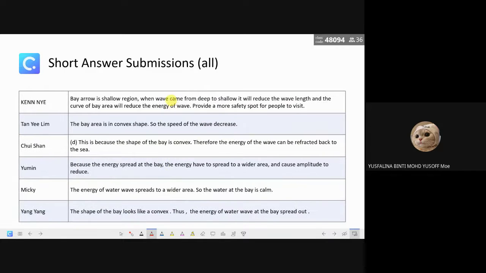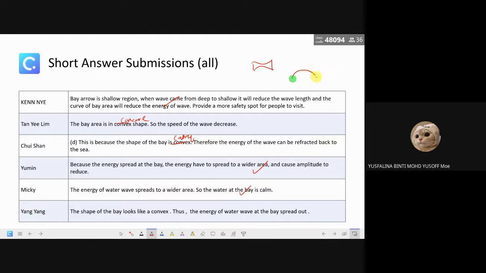Very good. It's concave, not convex. Convex is actually at the spread equals the amplitude. Concave is like this.